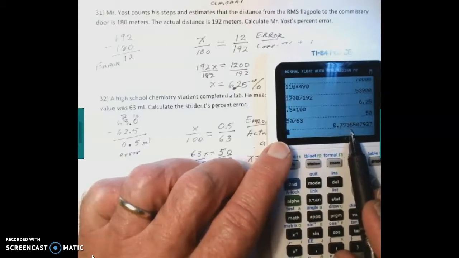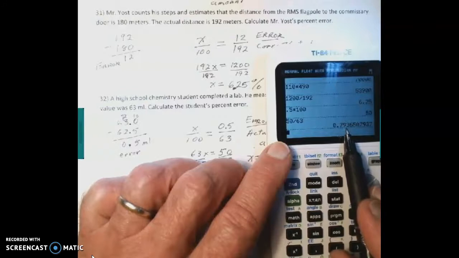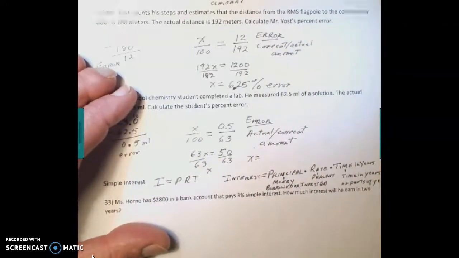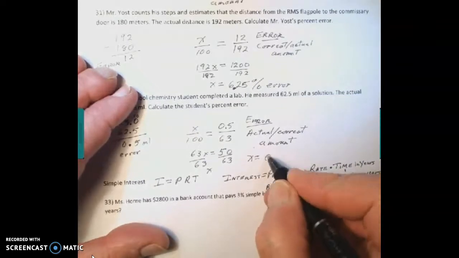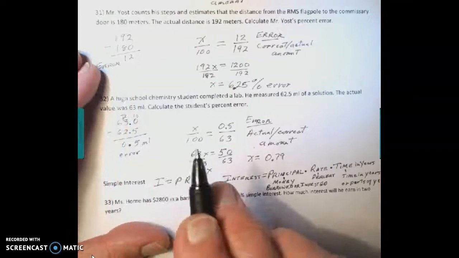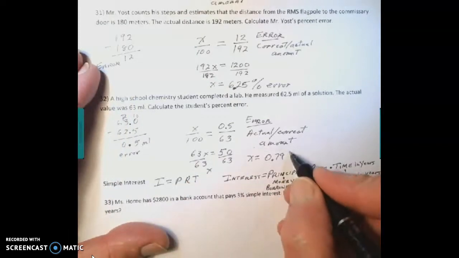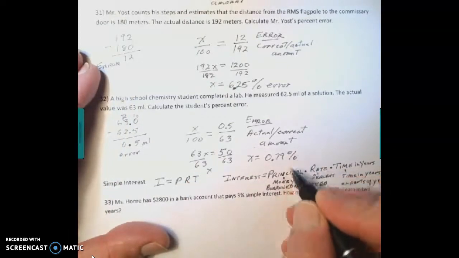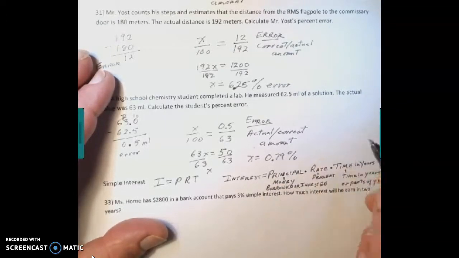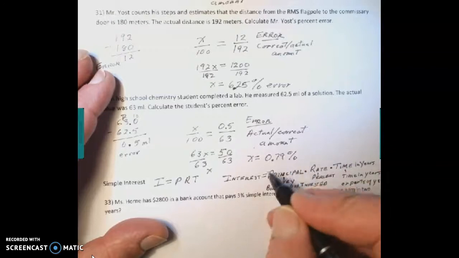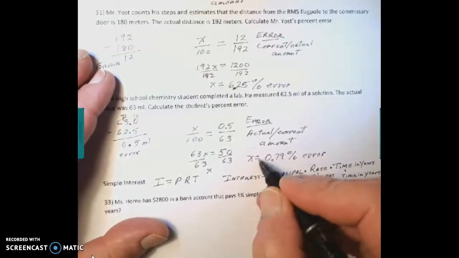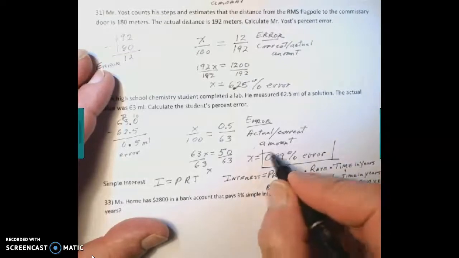You look to the right, it's a 3. So that 9 would stay the way it is, 0.79. And again, this is percent error. That is the percent error. Less than 1% error. Okay? And that is our answer.